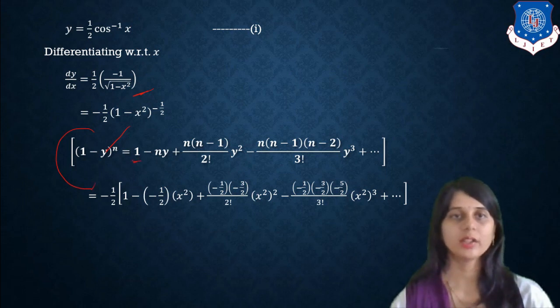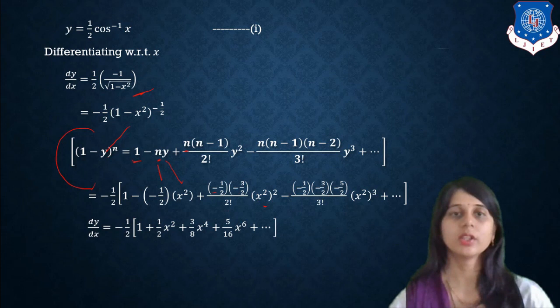If we have n equal to minus 1 by 2, then we get minus 1 by 2. What is our y? It is x square. What is our n? Minus 1 by 2, minus 3 by 2, for 2 factorial, y is x square. Solve this series, we get in this formation.